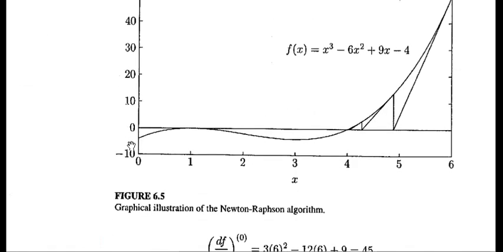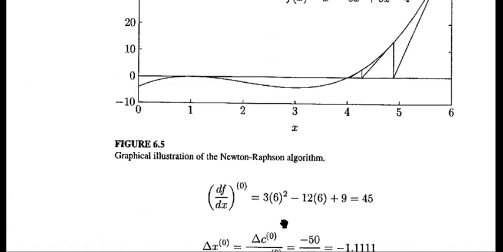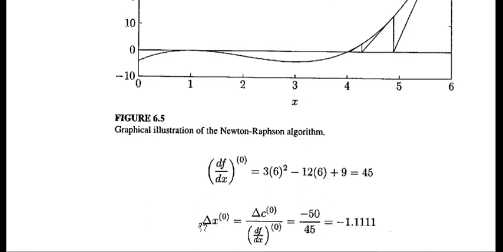And the second one that we have already found is positive 45. First of all, you have to find the derivative and put that value in. Second, del x0 is the incremental response in terms of del c0, that is minus 50, and the derivative is 45.